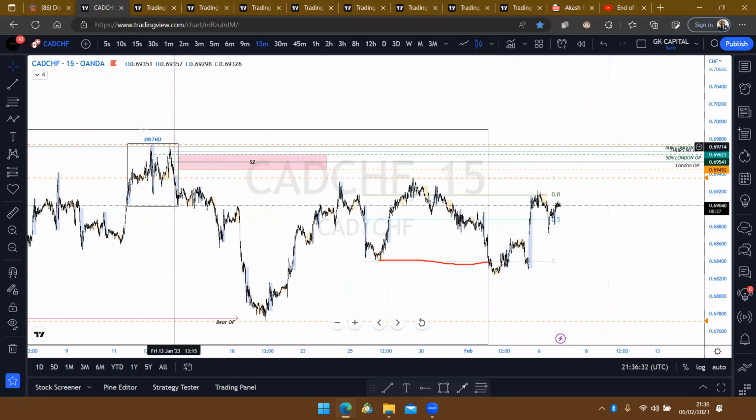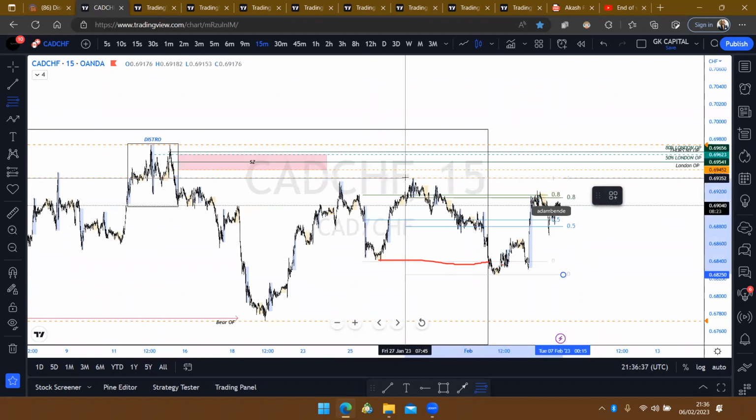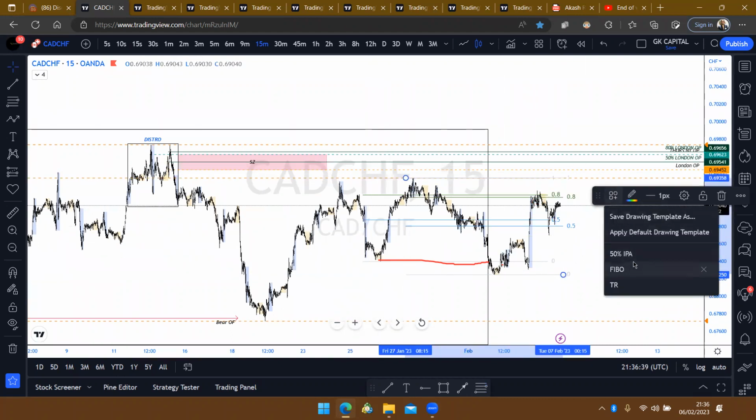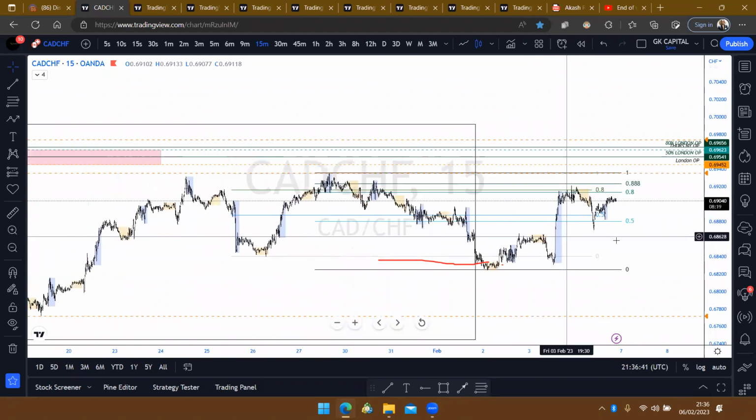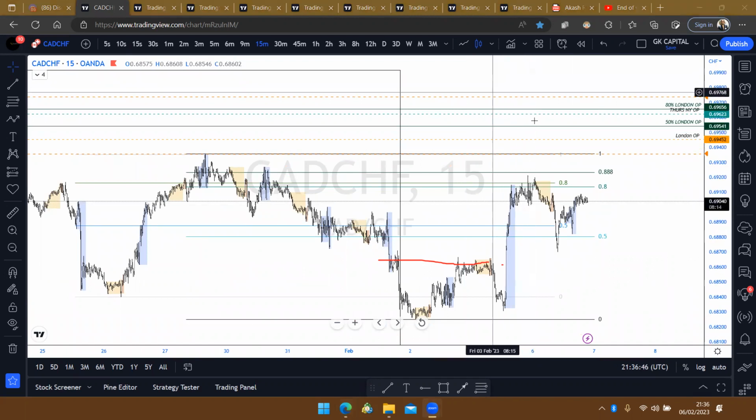And we have the beautiful distro here. And if you go on the lower time frame for the distro, I can see it. So this was the changeover.